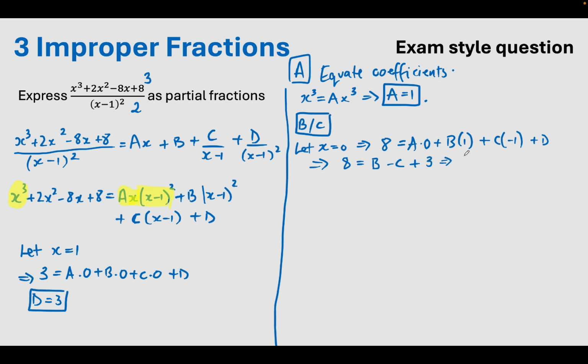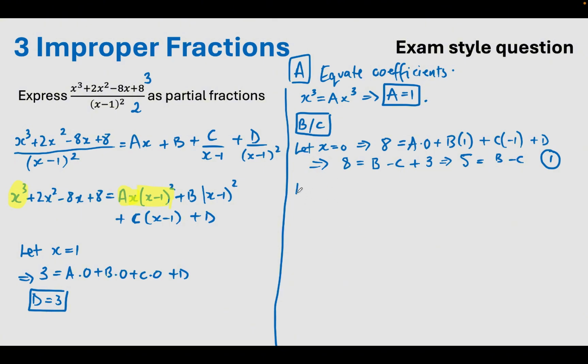And altogether, I'll get 5 equals B minus C. And I'm going to call this equation 1. You can probably tell where this is going.